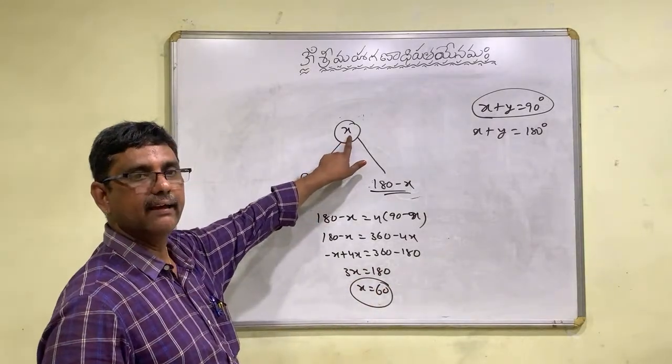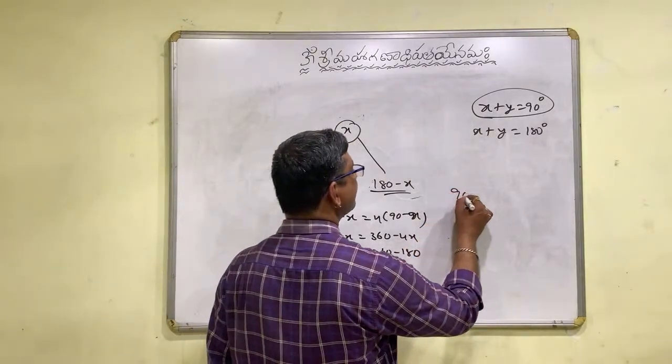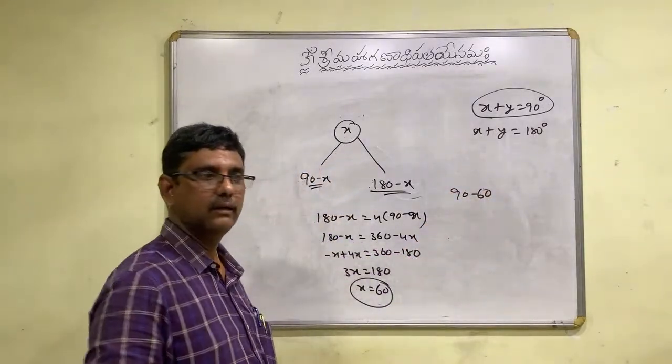If x is 60, what is its complement? 90 minus 60, that is 30 degrees.